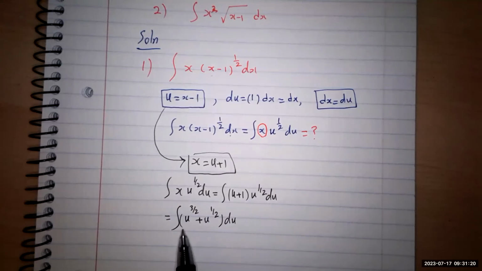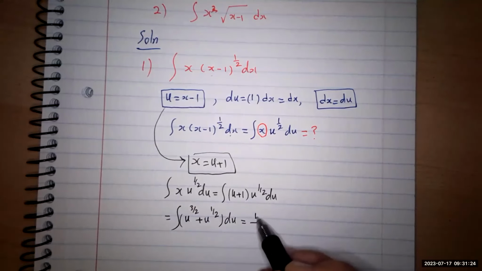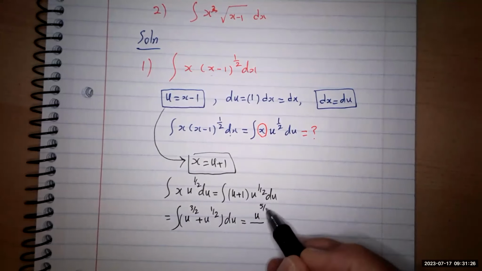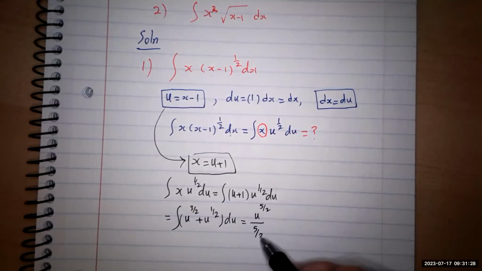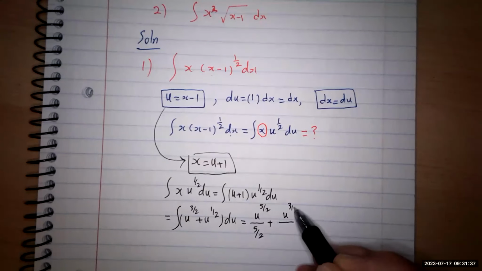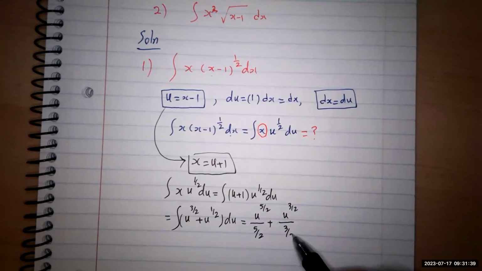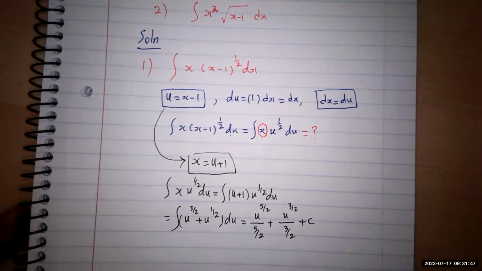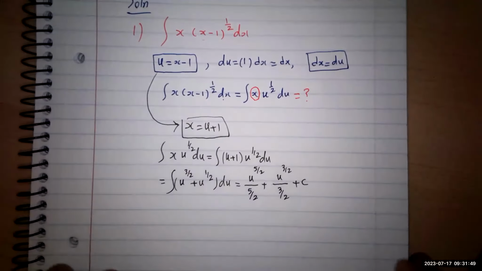Just the power rule. U to the 3/2 becomes u to the 3/2 plus 1, which is 5/2, so u to the 5/2 over 5/2. Plus u to the 1/2: 1/2 plus 1 is 3/2, so u to the 3/2 over 3/2, plus the constant c. Any question? Now you have to use the reciprocal to take care of it.